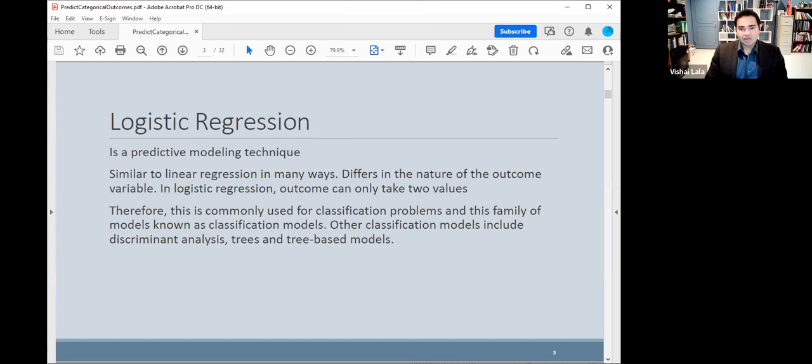It also differs in terms of the estimation method utilized, but we'll focus mostly on the primary difference, or first difference, which is that the outcome variable can only take two values. It is for this reason, because there are only two values possible for the outcome variable, that some people tend to call logistic regression a classification problem, or it falls in the family of other classification models like discriminant analysis, trees, tree-based models, and so on.